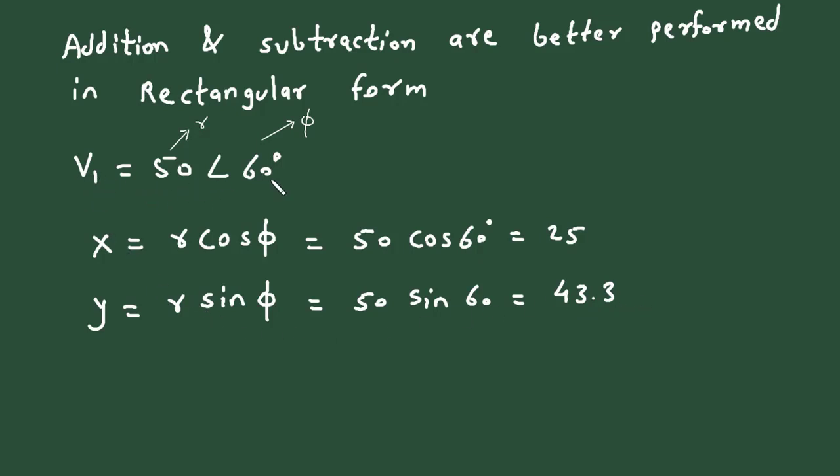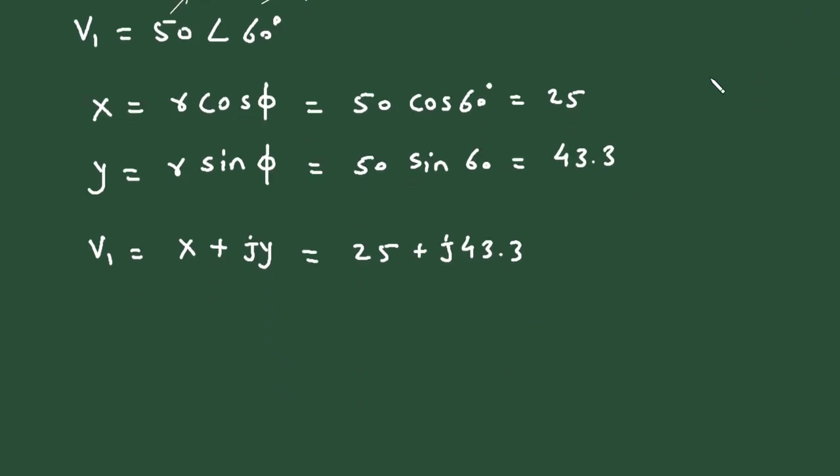Now, its equivalent rectangular form will be V1 is equal to x plus jy. So, the value of x is 25, and the value of y is 43.3. So, this is the value of voltage in rectangular form. This is called rectangular form.